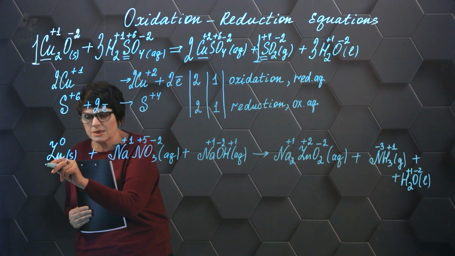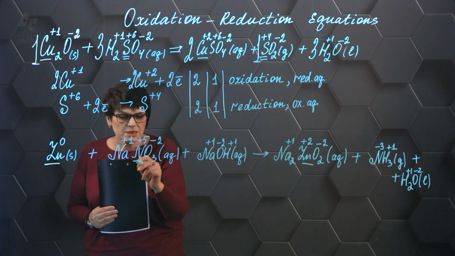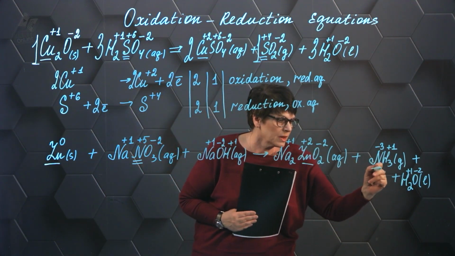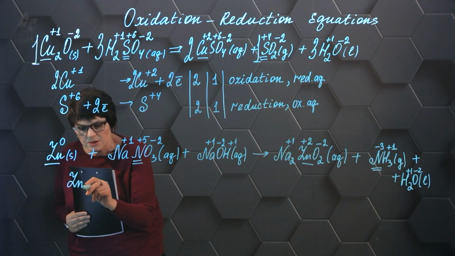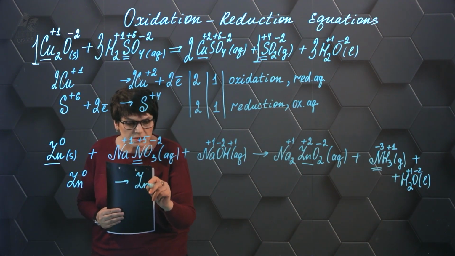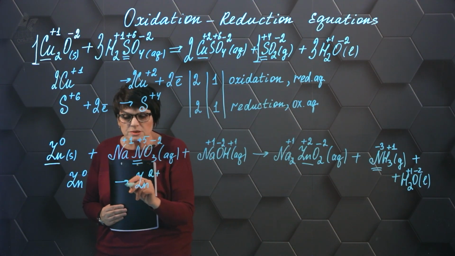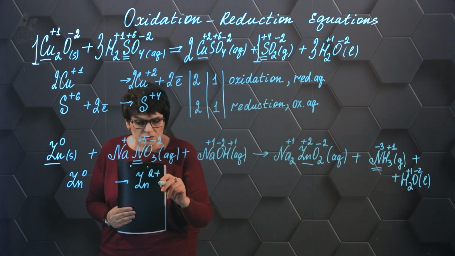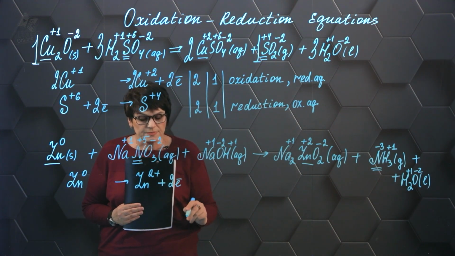Changes the oxidation state of zinc, and nitrogen changes its oxidation state. So we make up the first half reaction. Zinc goes from 0 charge to zinc 2+. On the right side, we express zinc losing 2 electrons, and the same applies to other elements.